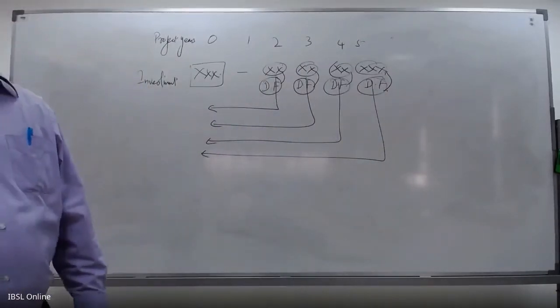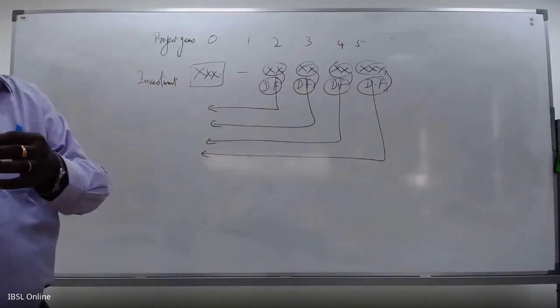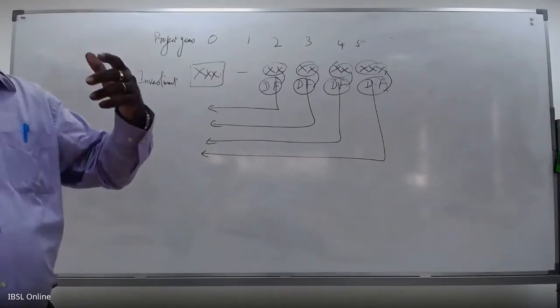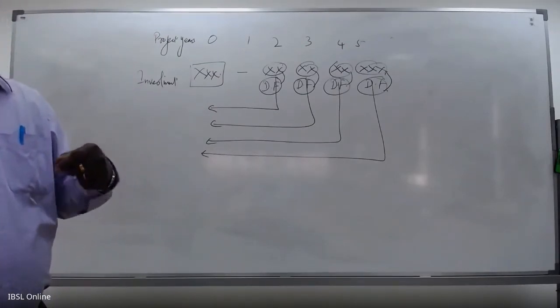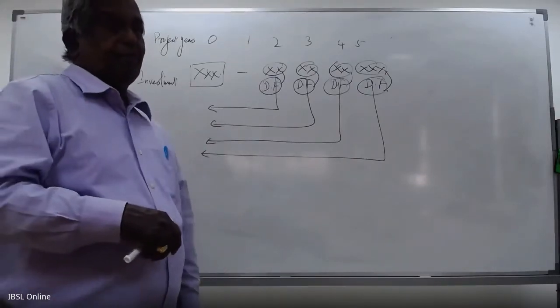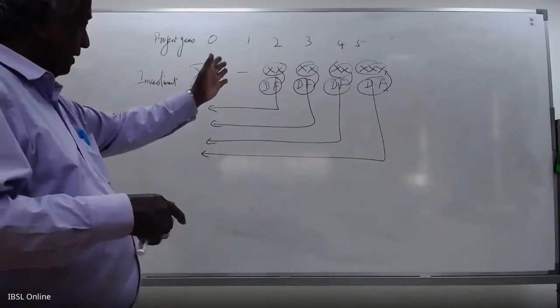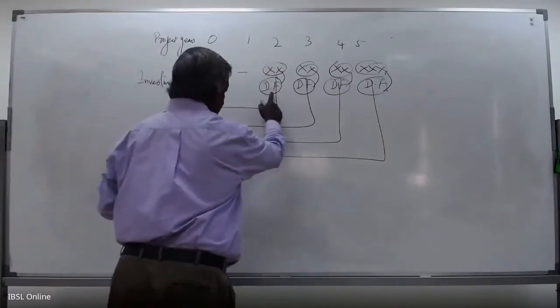So to convert the future value into present value, first you calculate the discounting factor for each period, and then multiply. So what does discounting factor mean?